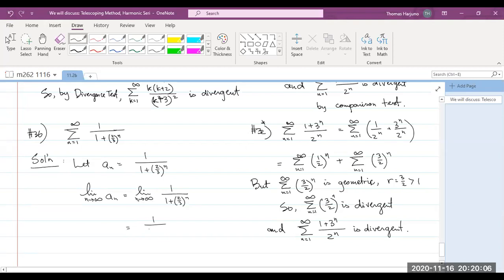There will be 1 over (1 plus 0), which is 1. And that's not 0. So, by divergence test, the series is divergent.